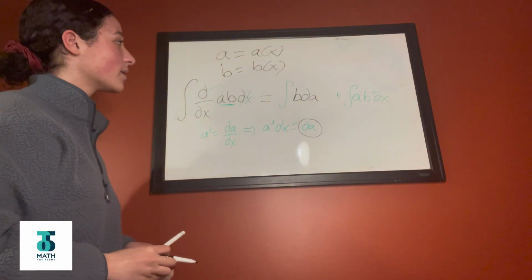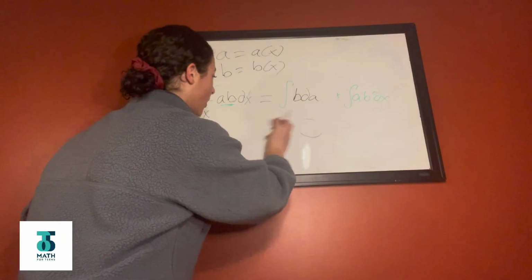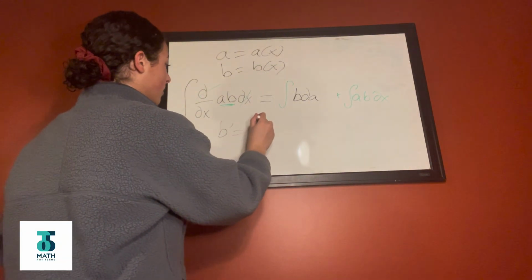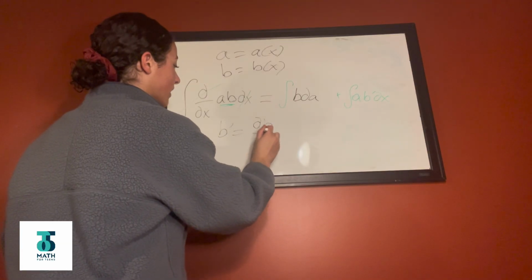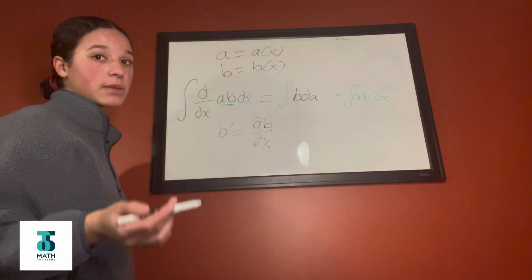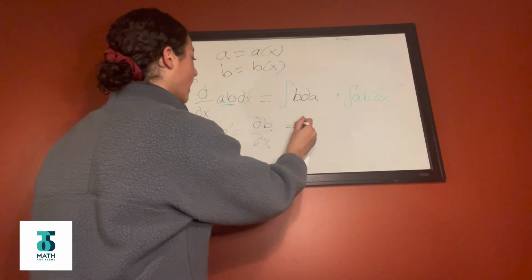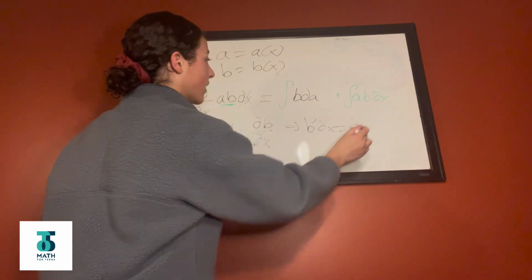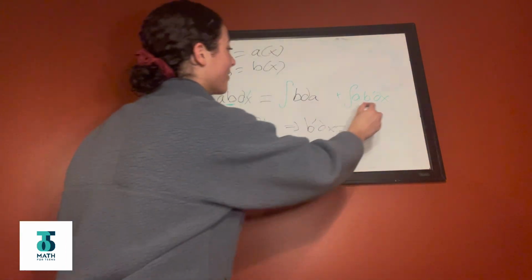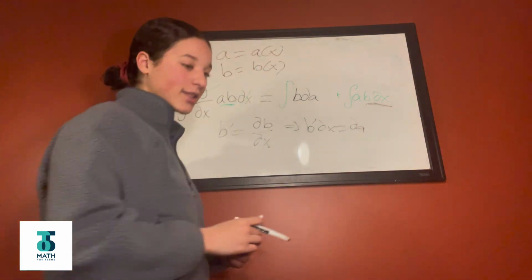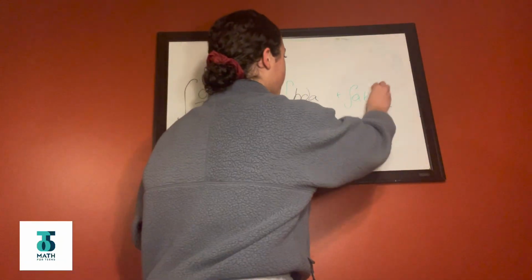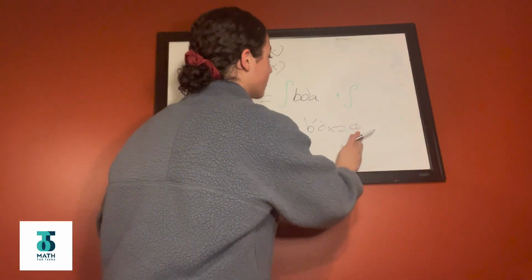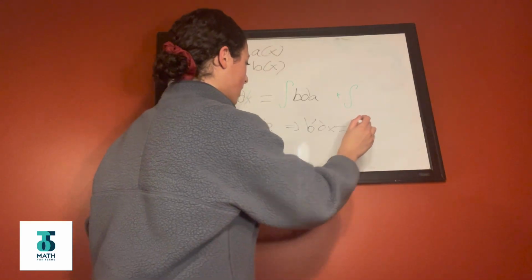And likewise, b prime is the same as dB over dx. Multiplying both sides by dx, we get b prime dx is equal to dB. And look over here, we have b prime dx. So we're going to sub that with dB.